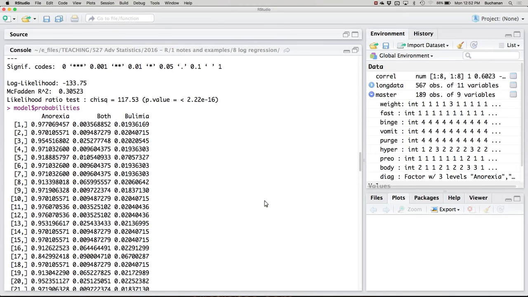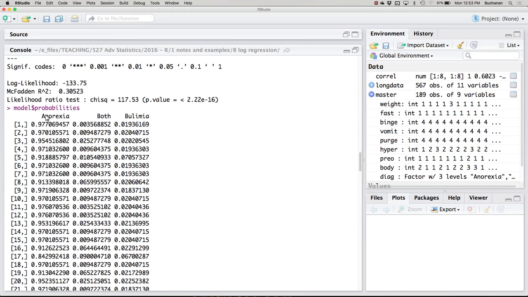So what happens if it's low on both of them or if it's high and low? So it pre-calculates for you a probability of each group separately given the equation numbers. Which is nice, because then you don't have to figure out double weird classification schemes. Right, so if this one said it was both, but this one said it was anorexia, what would I do? And so it's got the probability for each group separately.